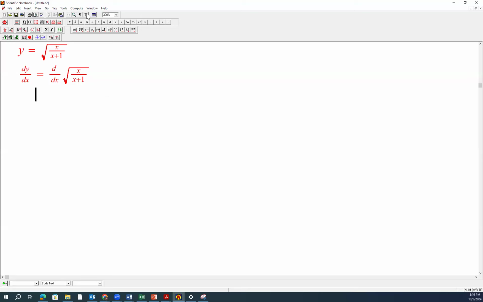We know the derivative of, okay, so I'm going to use the bottom as my scratch paper, okay? The derivative of root x is equal to 1 over 2 times root x.